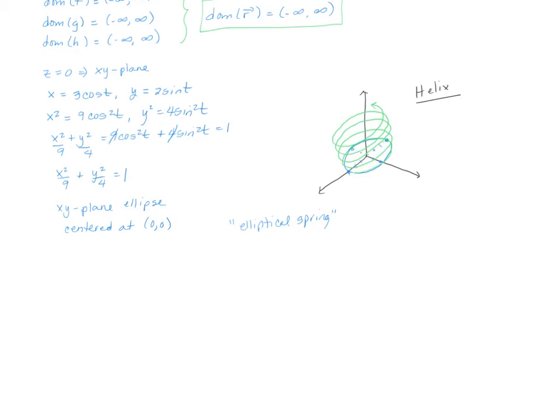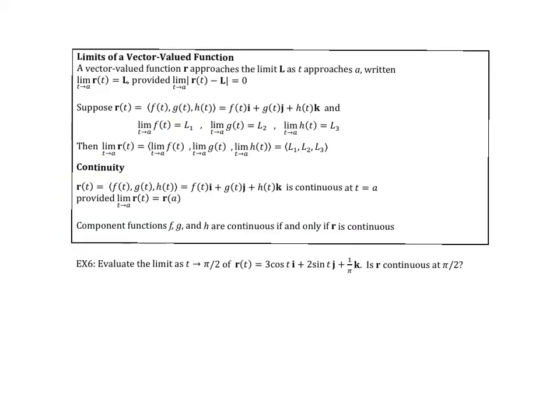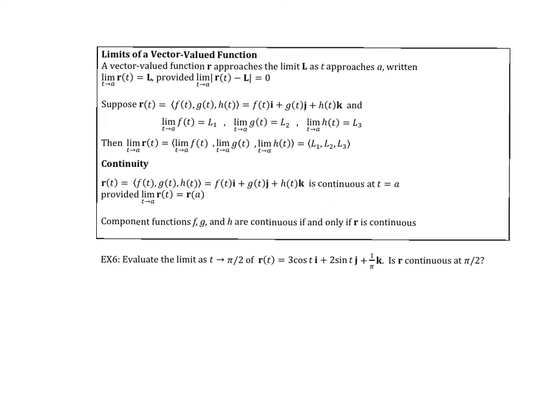All right, so let's move on to some other properties of vector valued functions that correspond with properties of our functions with x and y. One of the things we talked about with functions is limits.